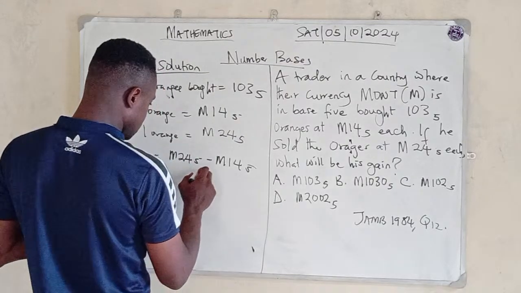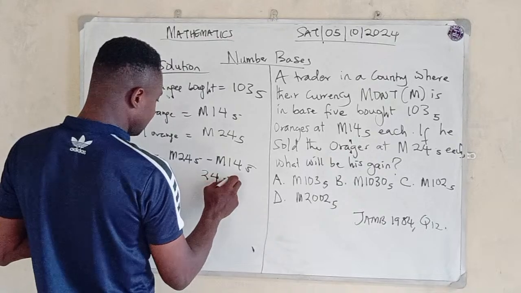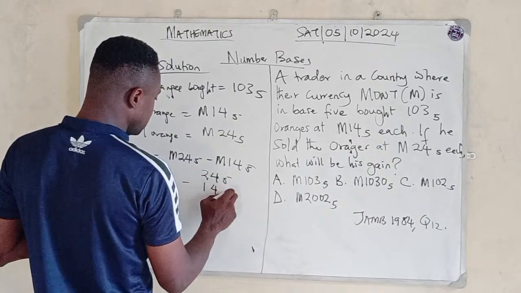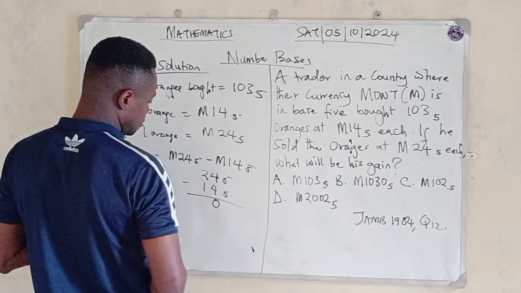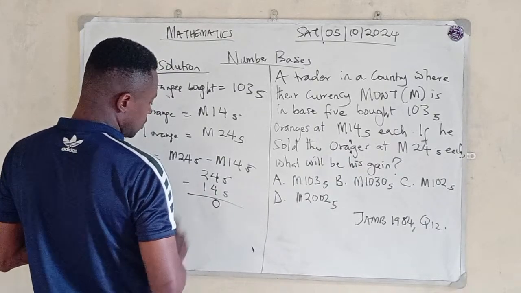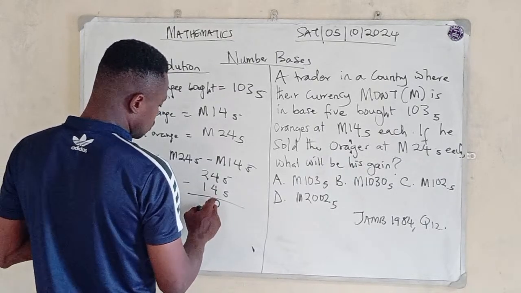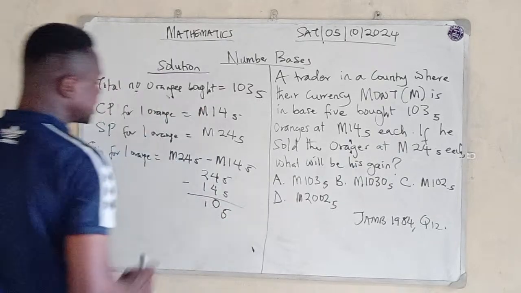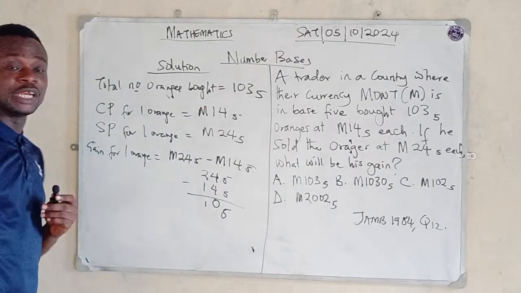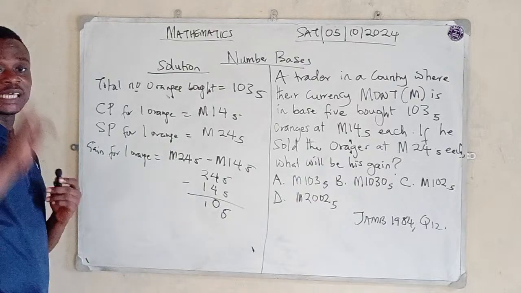Let's go. 24 to base 5 minus 14 to base 5. 4 minus 4 is what? 0. 2 minus 1 is what? 1. So we have 10 to base 5. This is the profit or the gain for selling one orange.